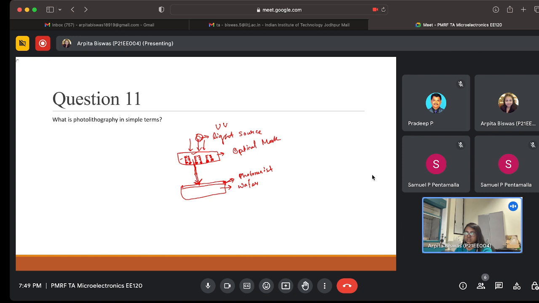When you dip this structure in some solution, a development solution, you dip this into it. What happens in that case? Because there are two types of photoresist: one is positive photoresist, one is negative photoresist. Depending upon the type of photoresist, it will act.